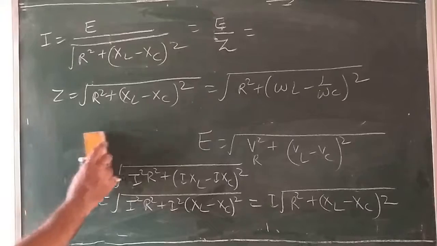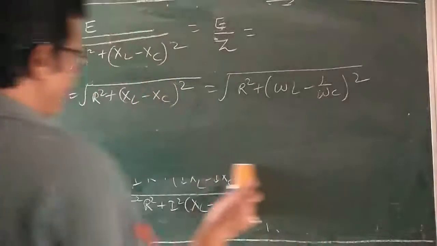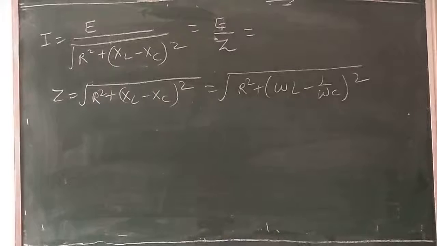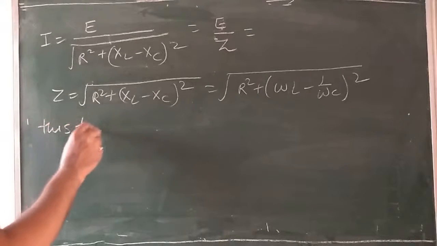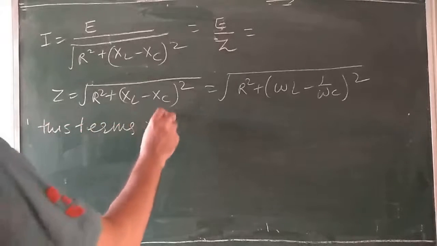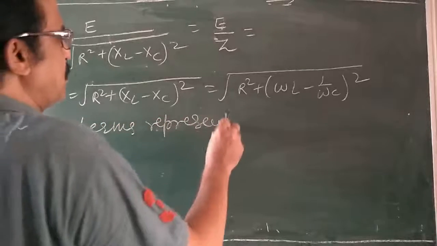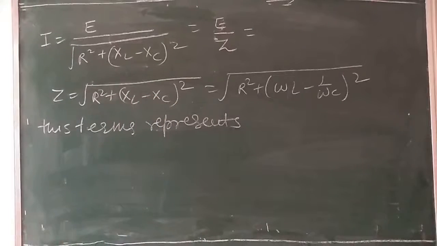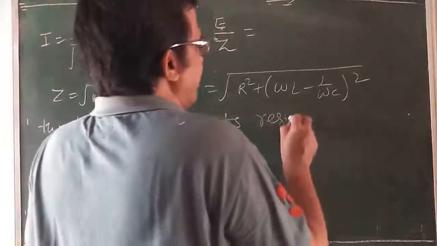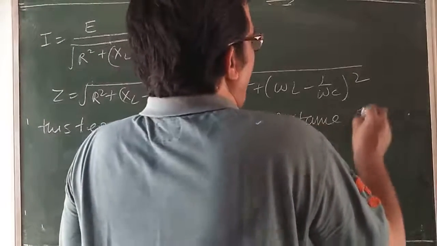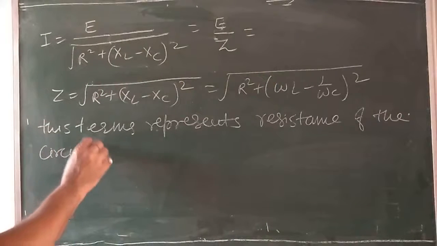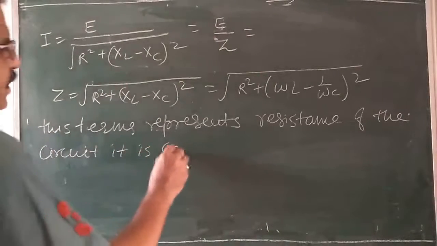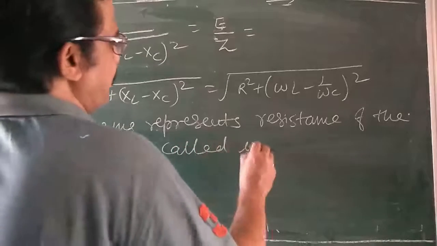So this term Z is equal to this term. This term represents the resistance of this combination of this circuit, and it is called impedance.